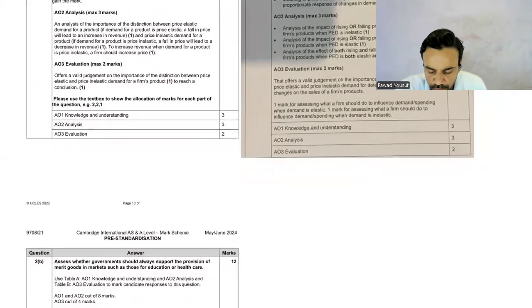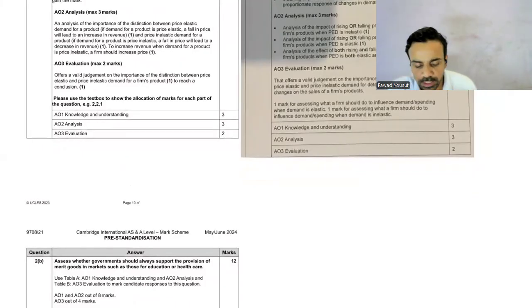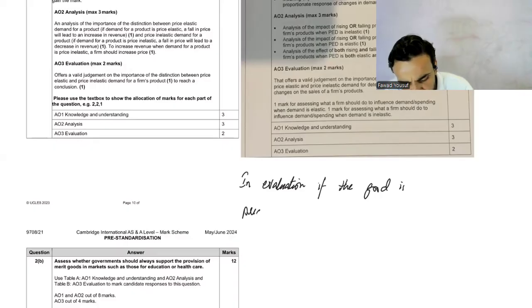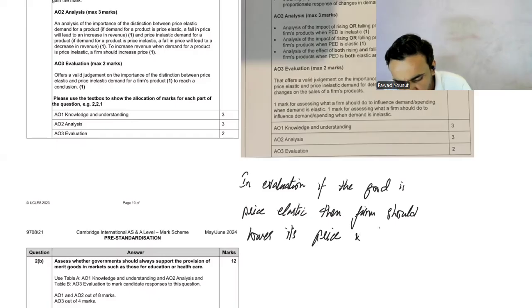The final evaluation for this one is, so you're going to write in evaluation, right? In evaluation, if the good is price elastic, then the firm should lower its price, and that will lead to a rising total revenue.